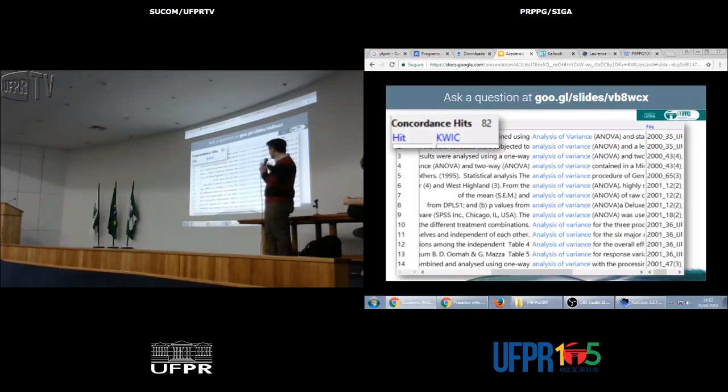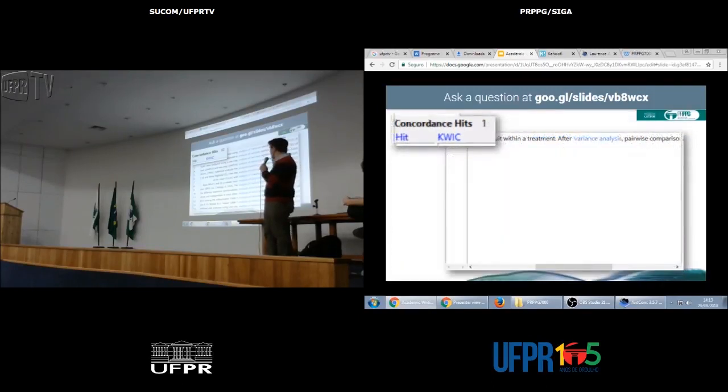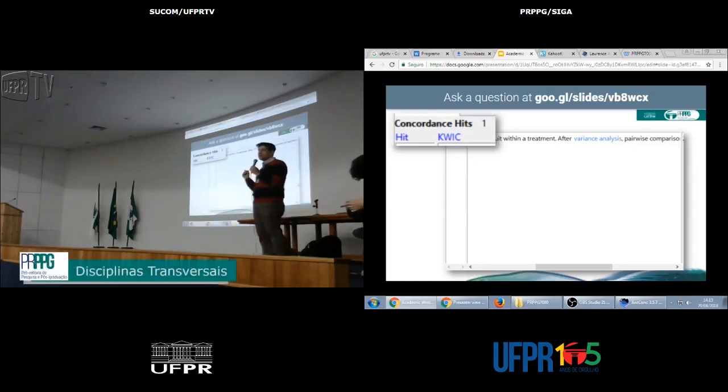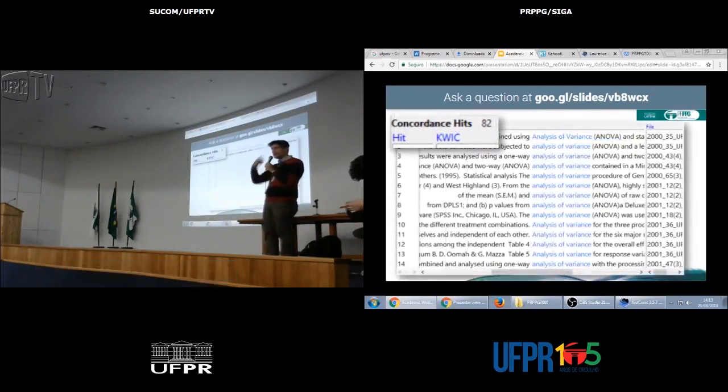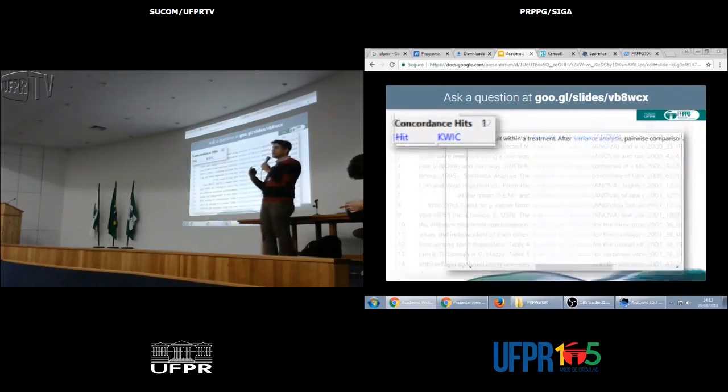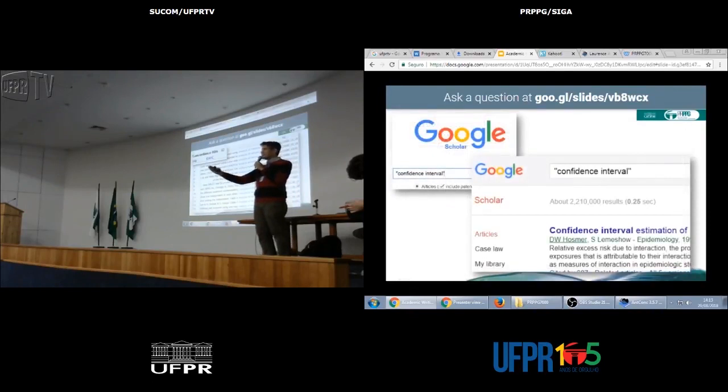Here you have 82 in a small corpus that I have, and if you compare that with variance analysis, there's only one. And if you look at that one, it's written by non-native speakers, which in itself is not a bad thing, but it does say something like, okay, well, you can think this one here is maybe the one that's most widely used.